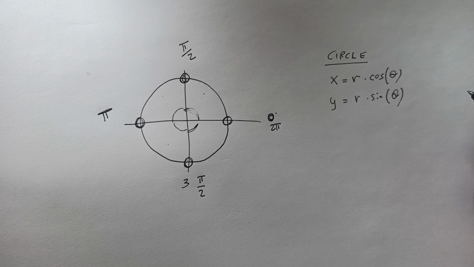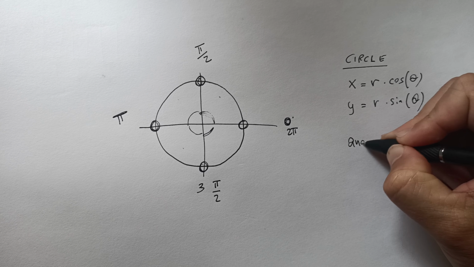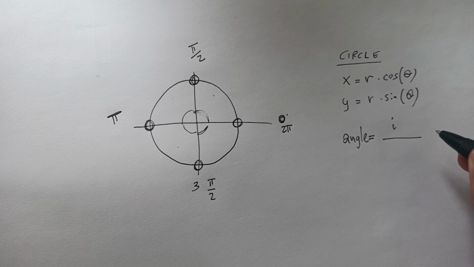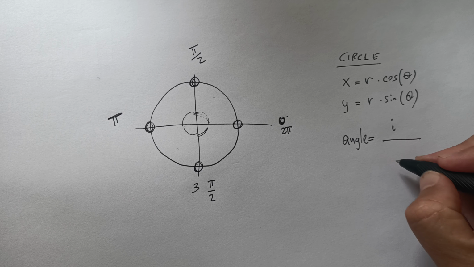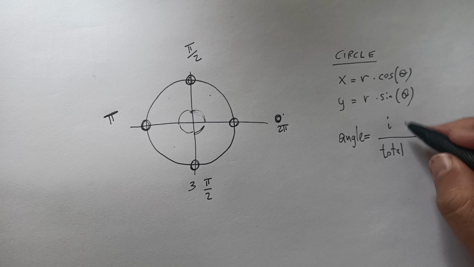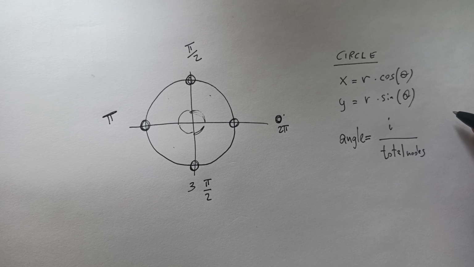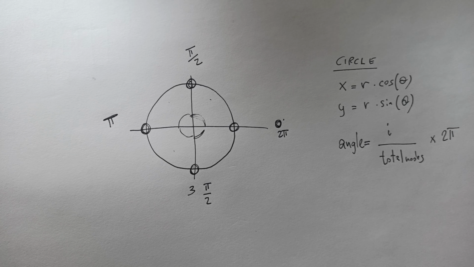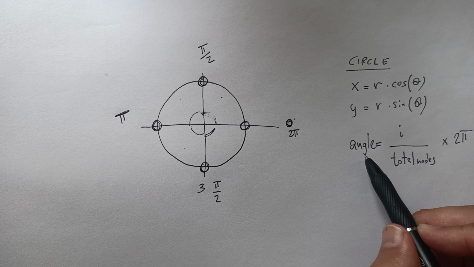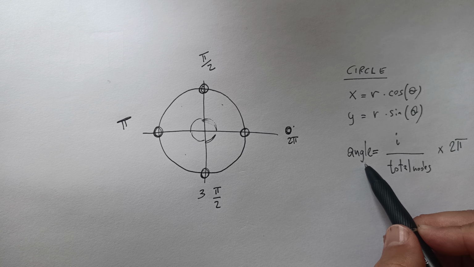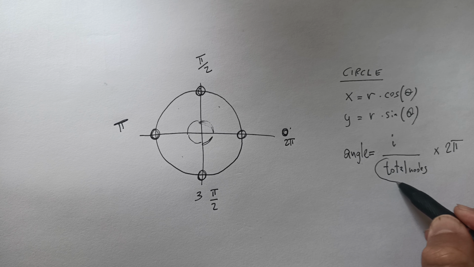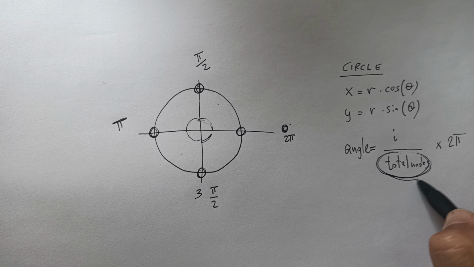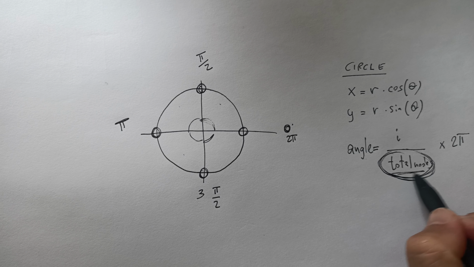Okay, so the angle that we want is i, which is the index of the nodes starting from 0, divided by the total number of nodes, and then we want to multiply by 2 pi. So what we want to do essentially is associate the number of the total nodes with the angle, because this will be one of the variables. We don't know upfront how many nodes we have.